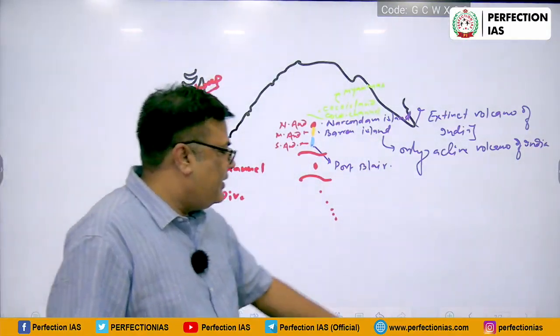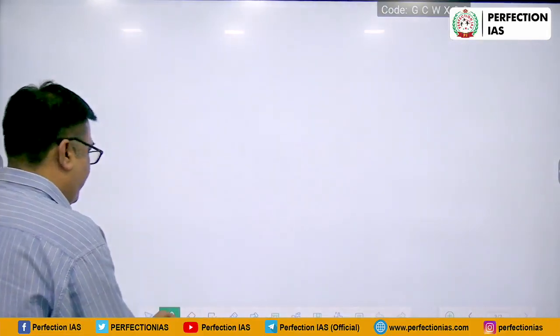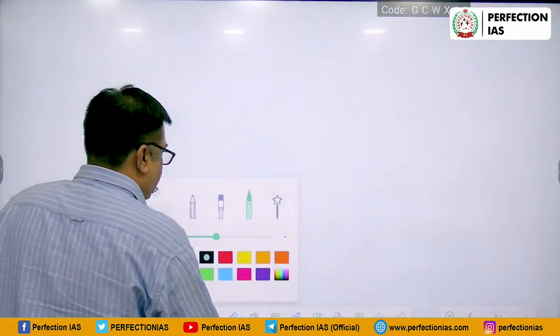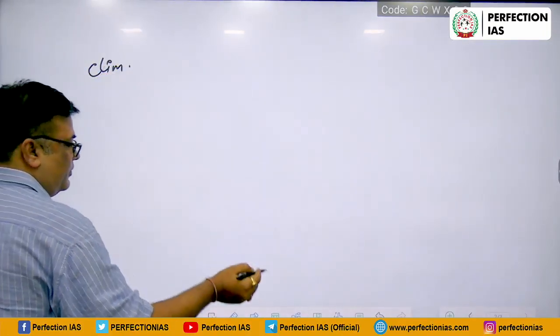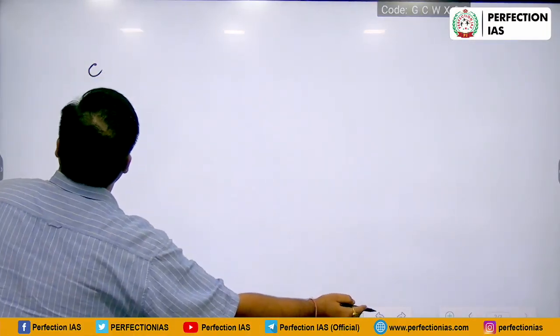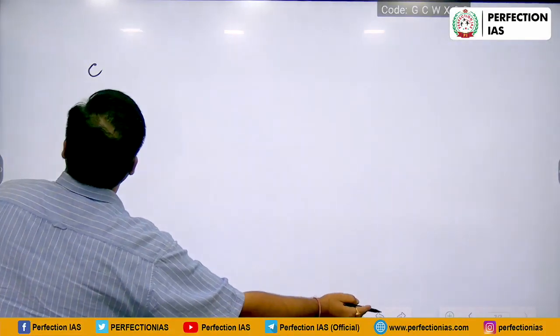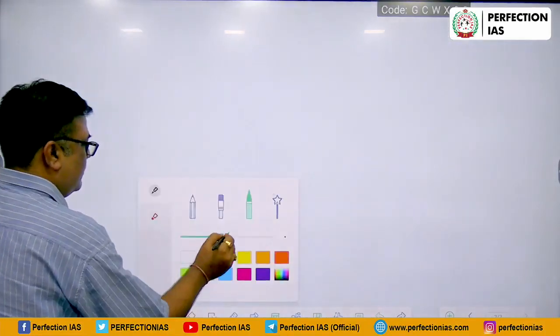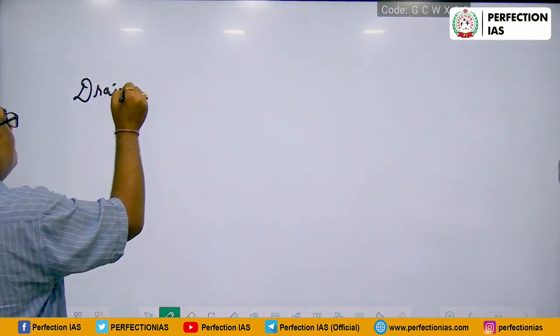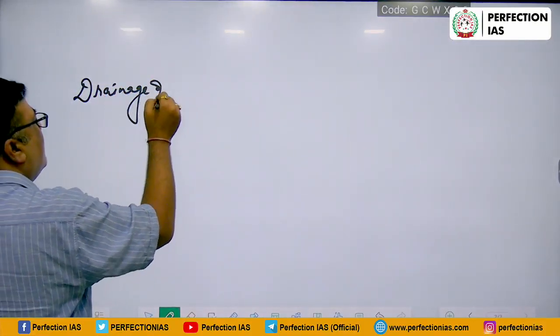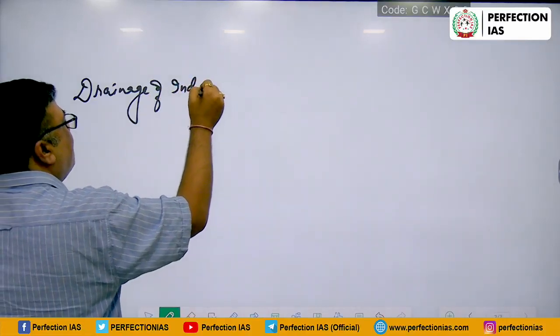Now after this, the second aspect of Indian geography is, and that is called climate of, or before that, drainage of India.